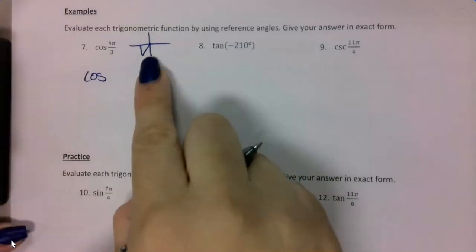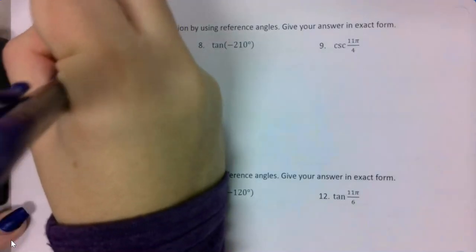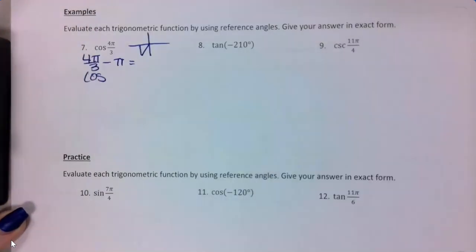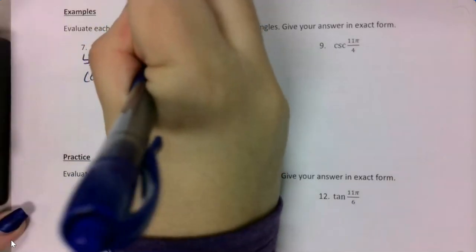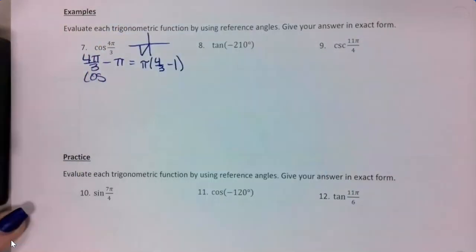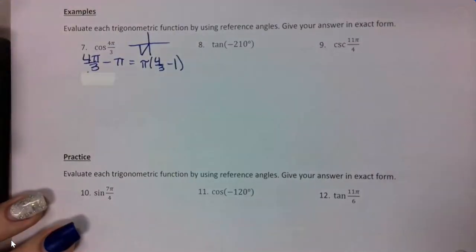Because it is in the third quadrant, I want to do 4 pi thirds minus pi. So if I factor out my pi, I have 4 thirds minus 1. I actually don't want the word cosine there right yet. So what's 4 thirds minus 1?